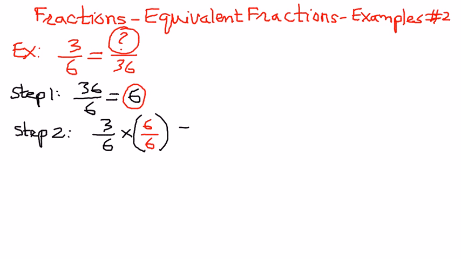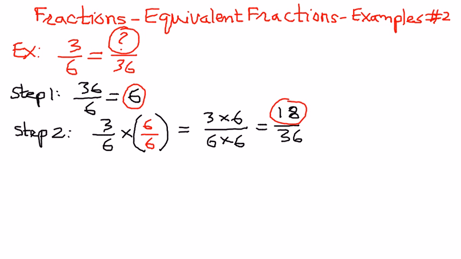So in this case, when we multiply the numerators 3 times 6 and multiply the denominators 6 times 6, we'll be able to obtain the equivalent fraction for 3/6. 3 times 6 is 18, 6 times 6 is 36. So the number we are looking for is 18.